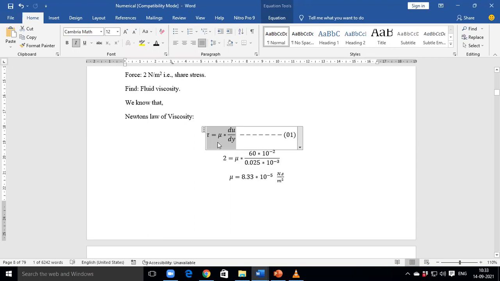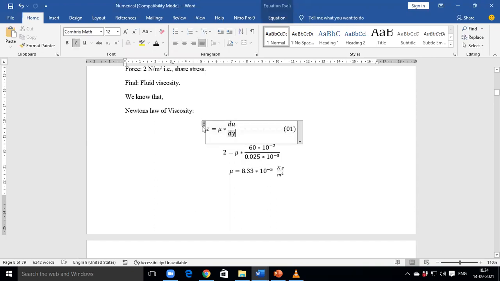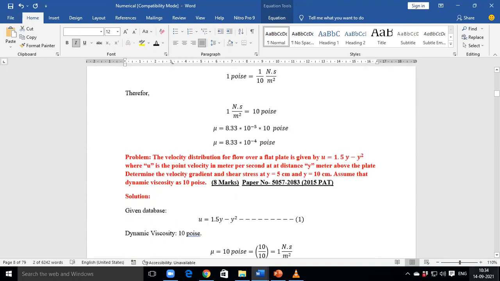If we plot the graph of y versus x, the graph passes through the origin. I will show you the equation here, types of fluid flow.